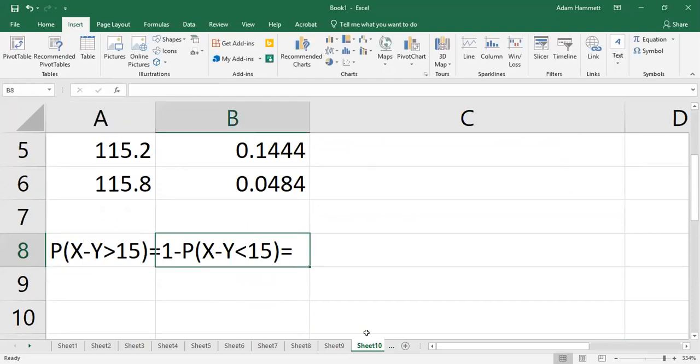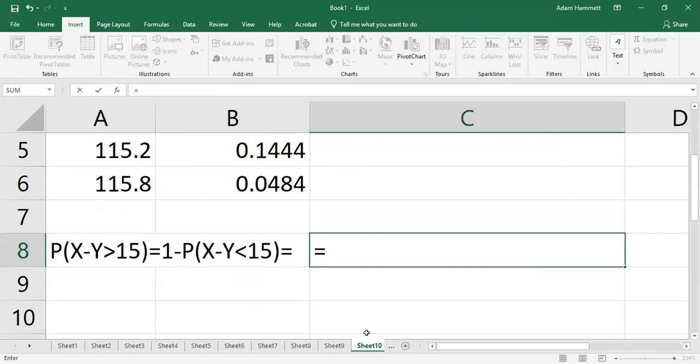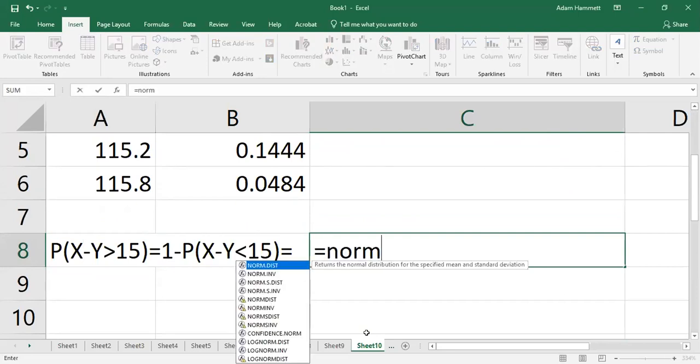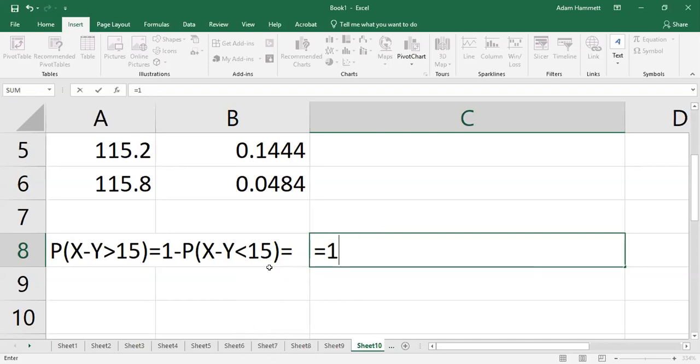I could have converted this to the standard normal, but I don't have to do that if I'm using Excel, right? Excel just does that. So if I use the normal distribution, I need to do 1 minus, right? What's my X? 15.